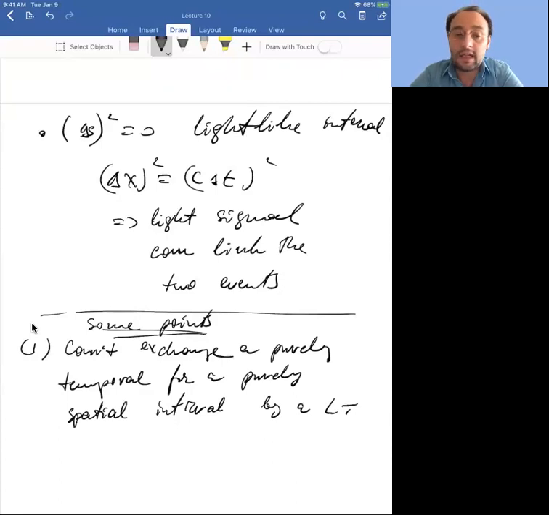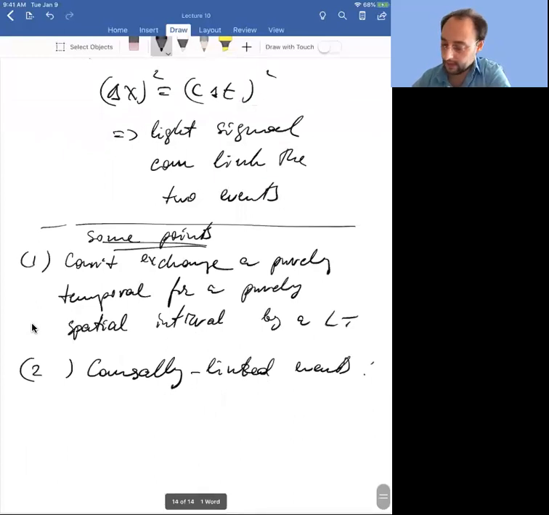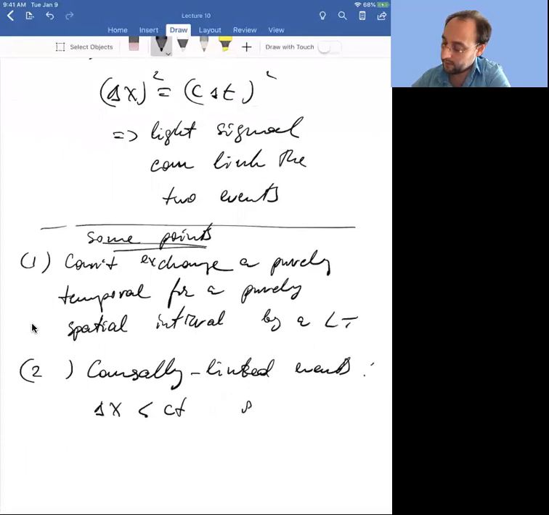Also, intervals between causally linked events are either time-like or light-like. Okay. So two causally linked events must be separated by, okay, so this is time-like, and this is light-like.